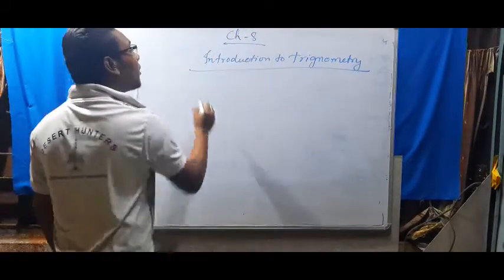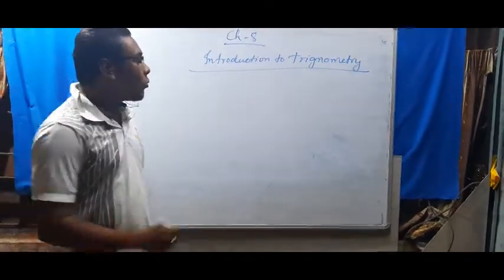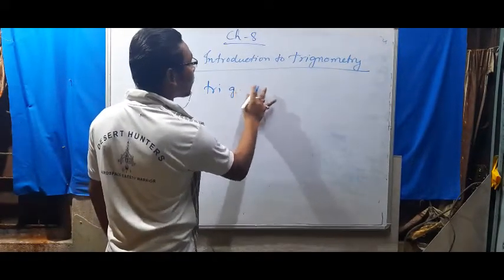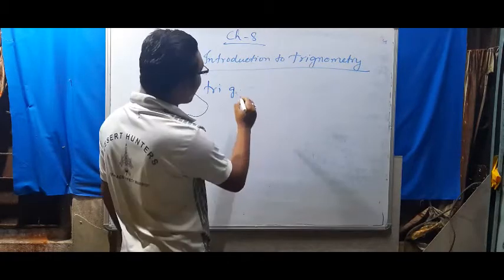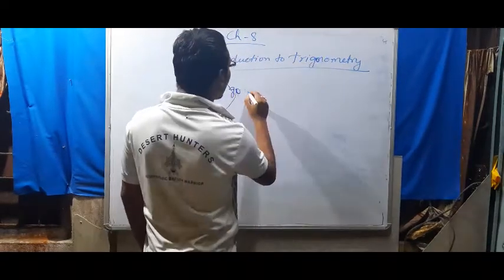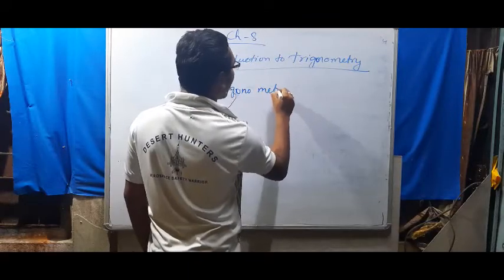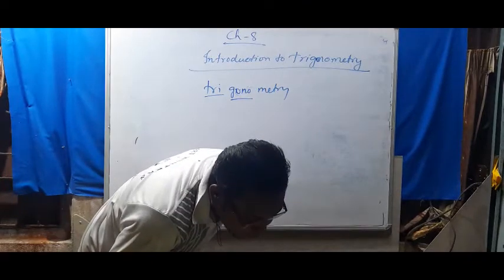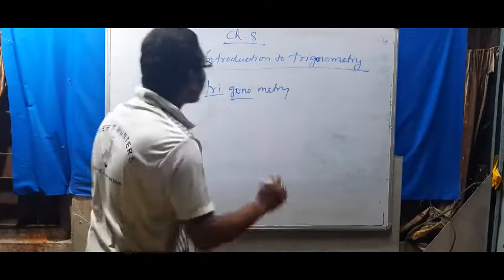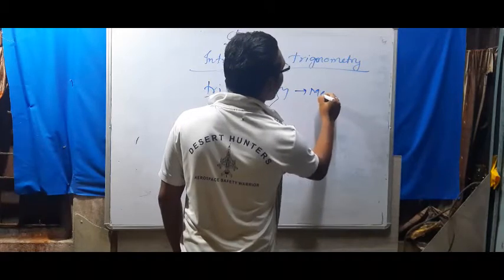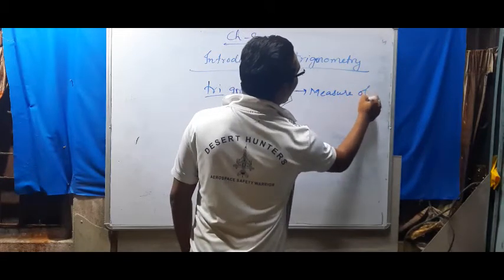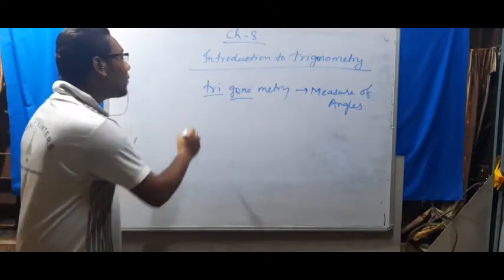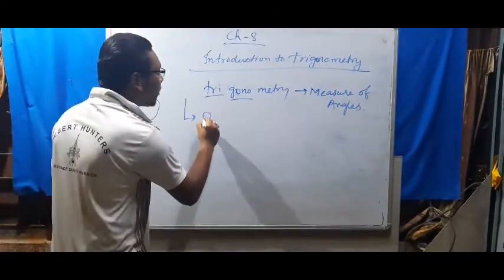By the name trigonometry, we understand that trigonometry means measure of angles. And it is only applicable for right angled triangle.